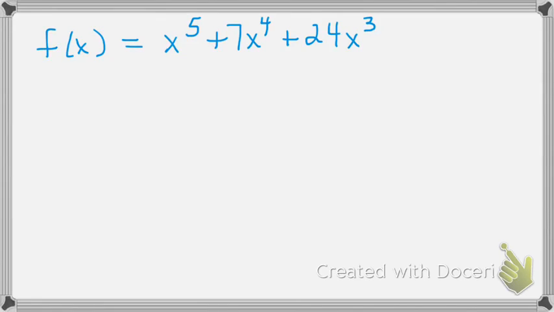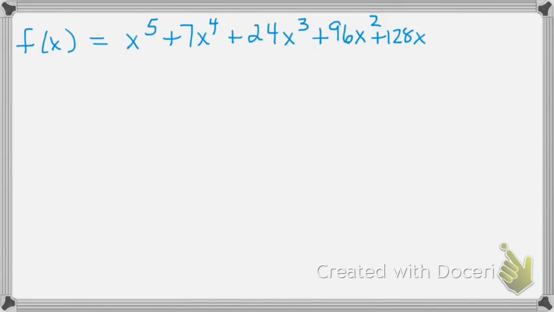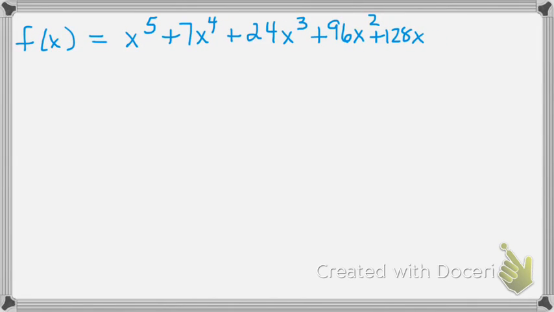All right, so on to this example. Example 5, 24x cubed plus 96x squared plus 128x minus 256. I'm going to have to shrink this one down to fit it on here. All right, so type in your calculator. Let's see what we can see.